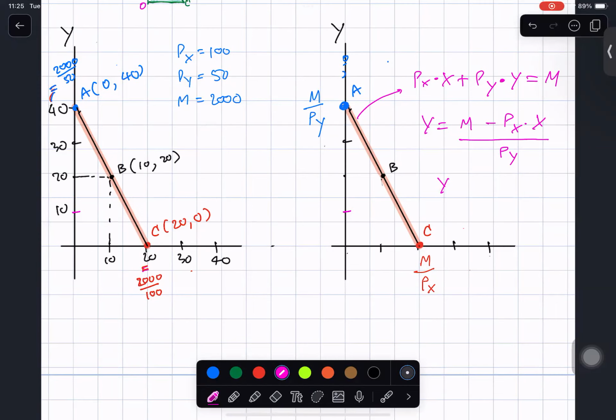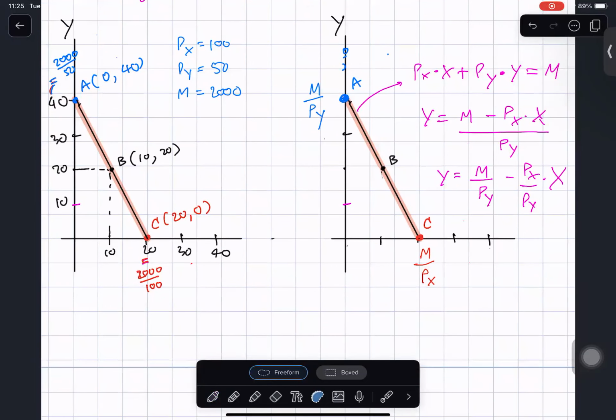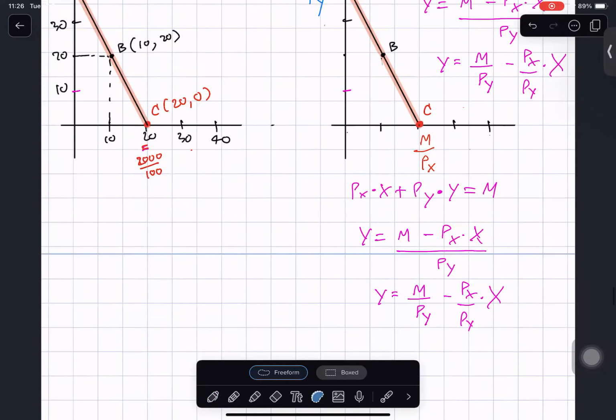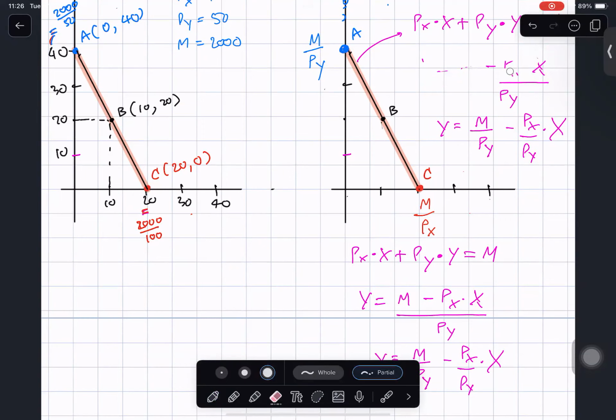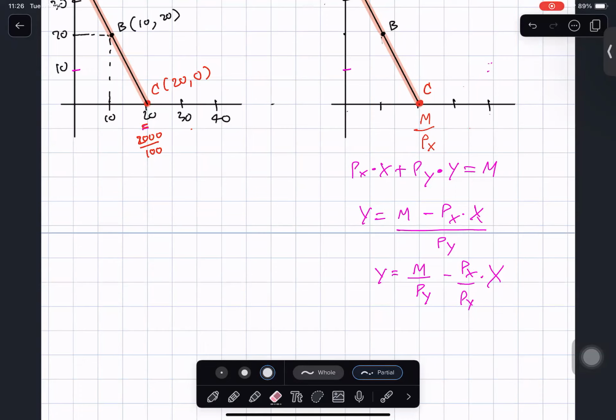First step, rearrange. And then rearrange, and we got this.